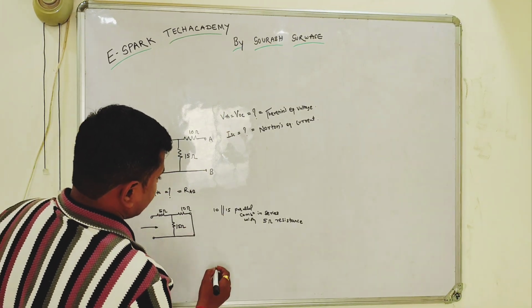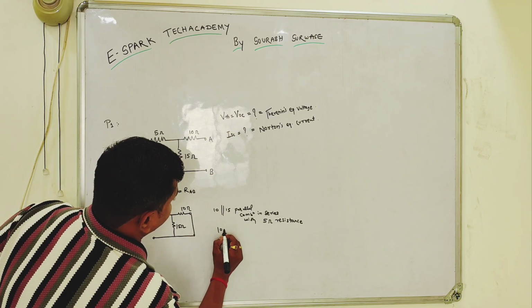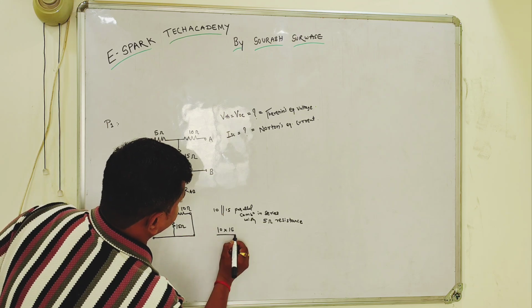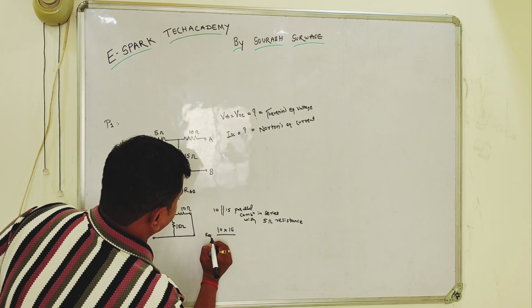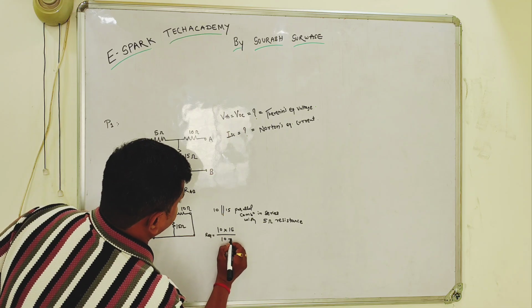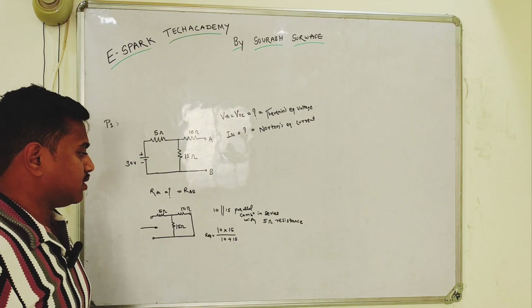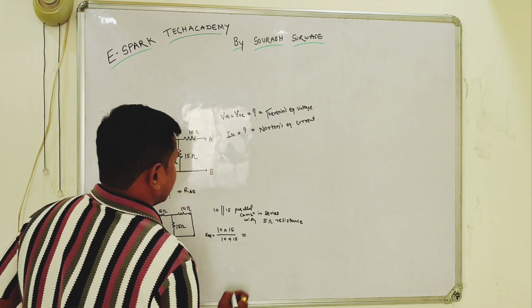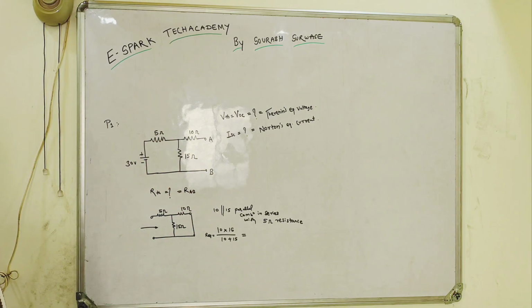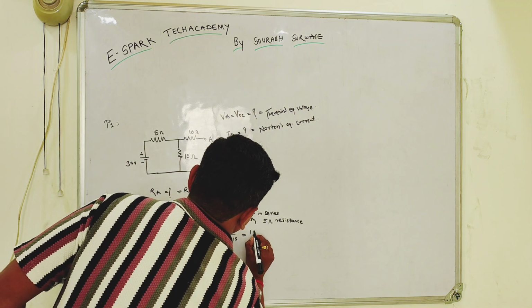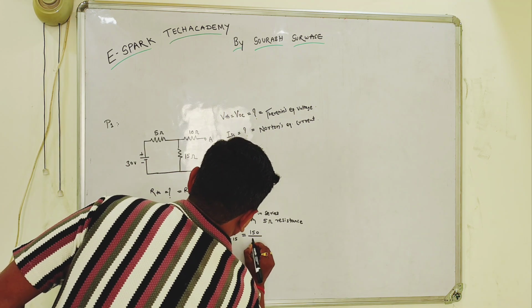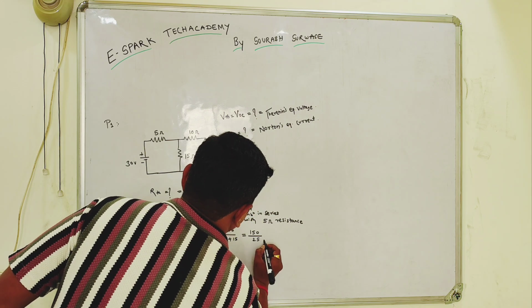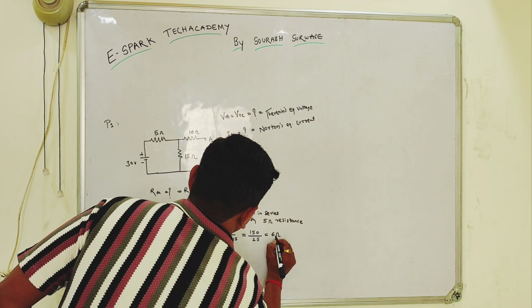Here, as the parallel combination of two resistors, we will calculate R equivalent is equal to 10 into 15 divided by 10 plus 15. Here the value we will be getting is 150 divided by 25, it is nothing but 6 ohm.